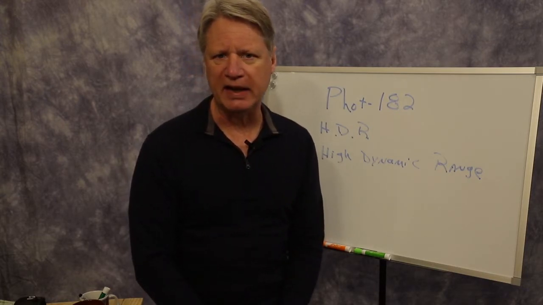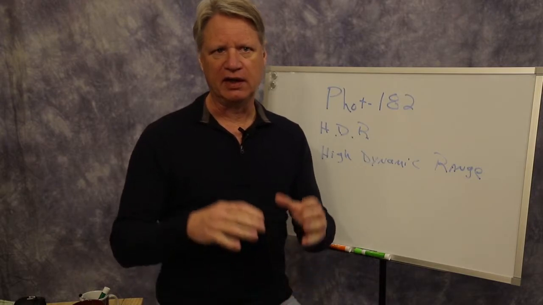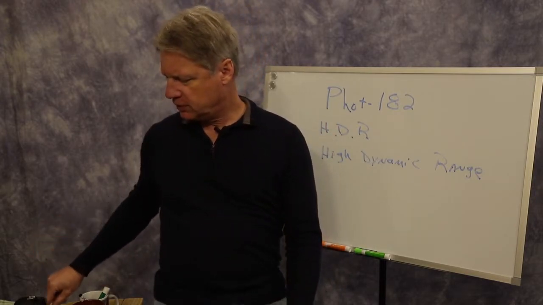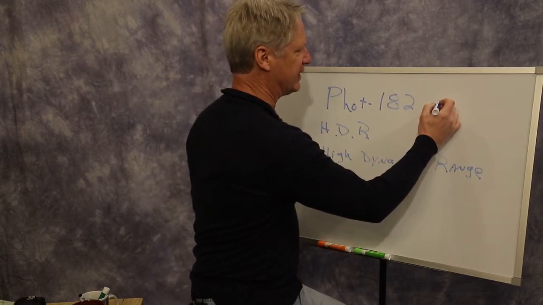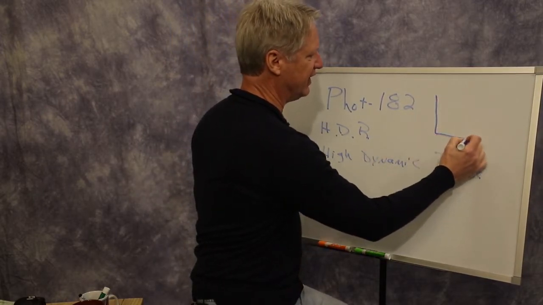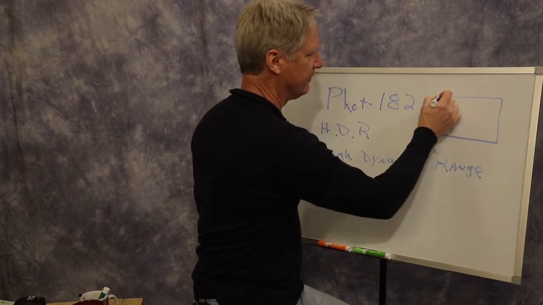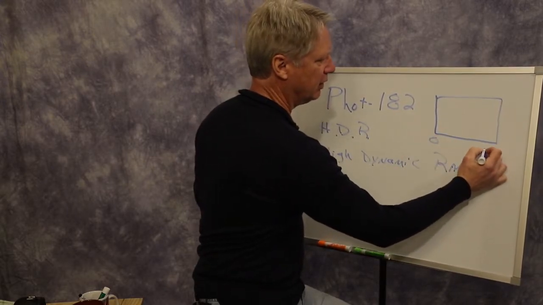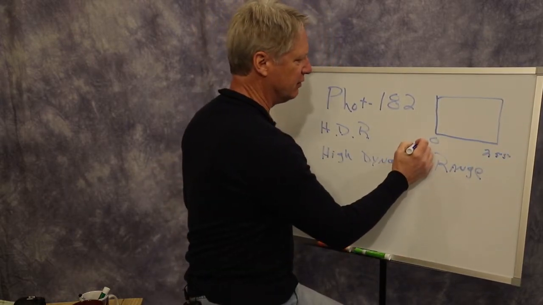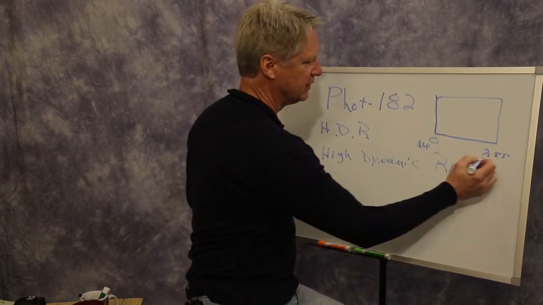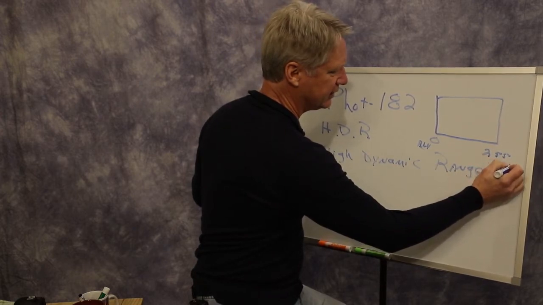So basically, high dynamic range photography allows us to operate a little bit outside the box. In photography, we have a box. Okay, we have 0 and 255. 0 is black, 255 is white.